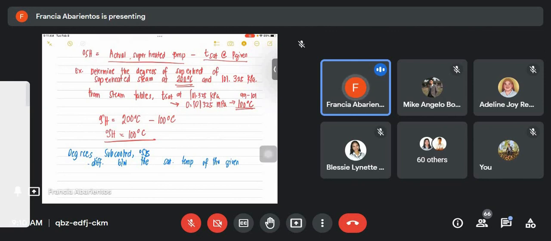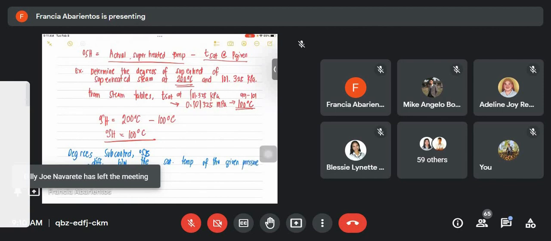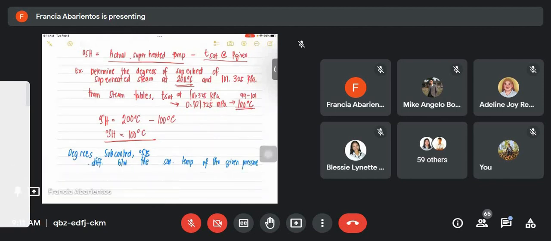Given the pressure, the saturation temperature at the given pressure, and the actual subcooled liquid temperature.